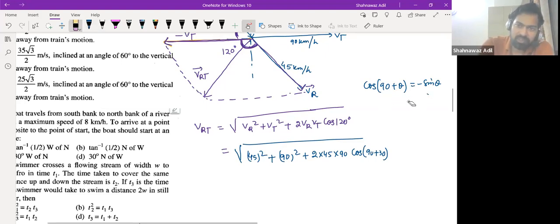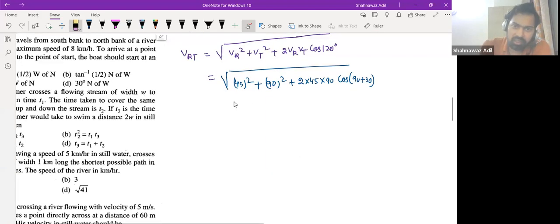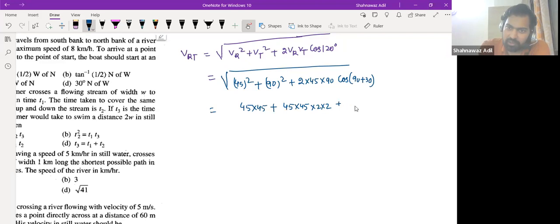So now we have all these numbers. What is common? We can see that this is 45 into 45, this is 45, 45 into 2 into 2, and this is 2 into 45 into 45 into 2.